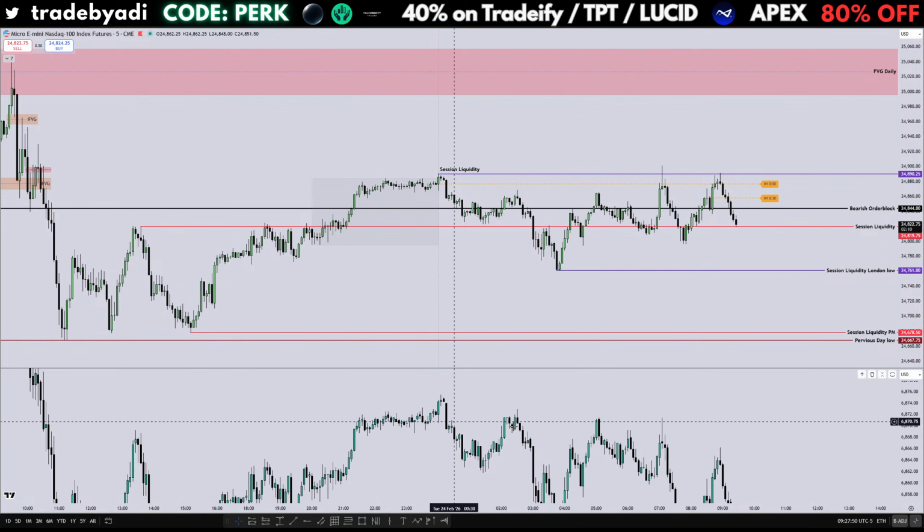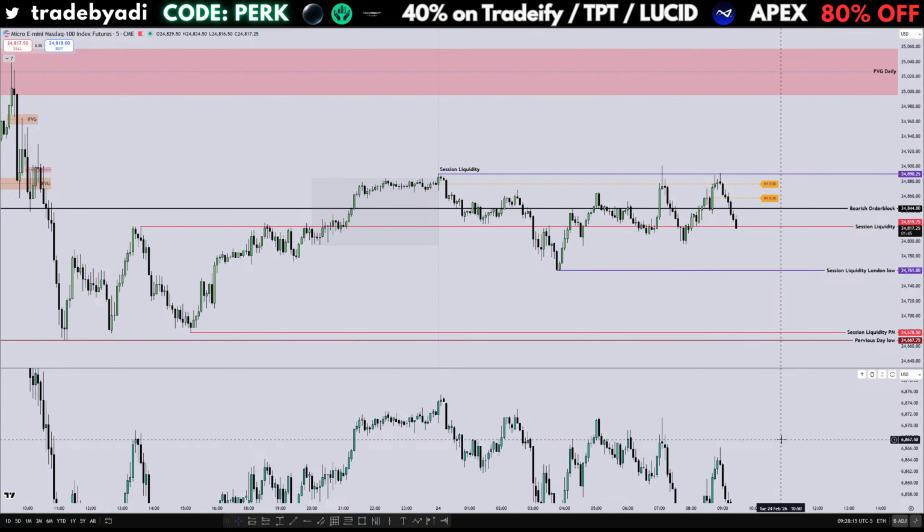If you check the ES, ES has the big SMT, and this SMT is with the pre-market highs and lows, because the pre-market high has taken out the initial buy side liquidity, the midnight open, and on ES we have not taken it.